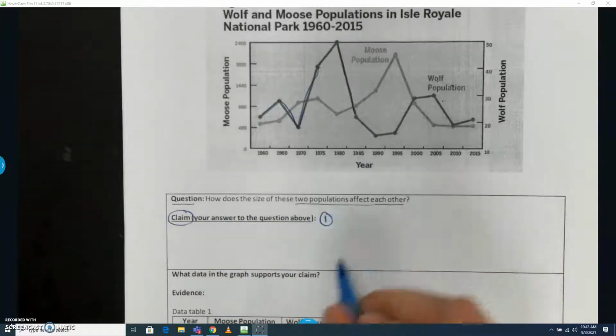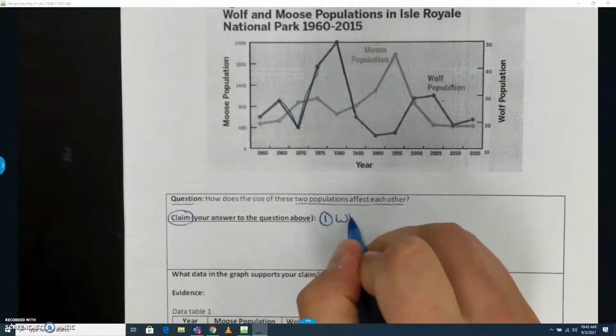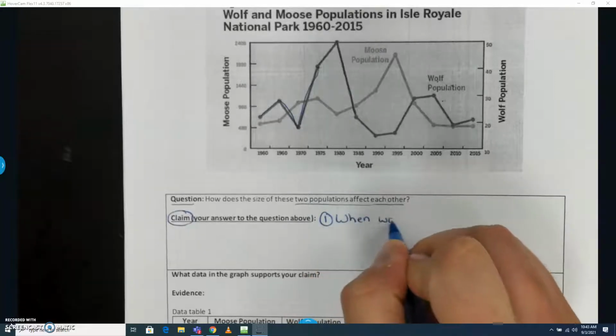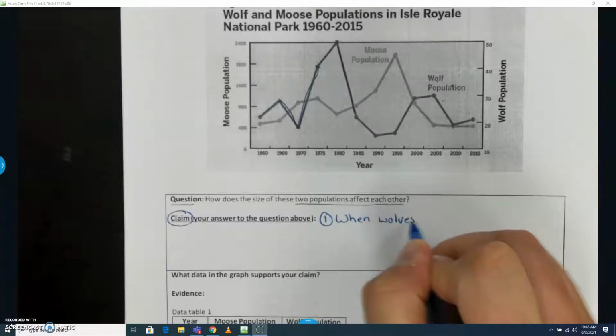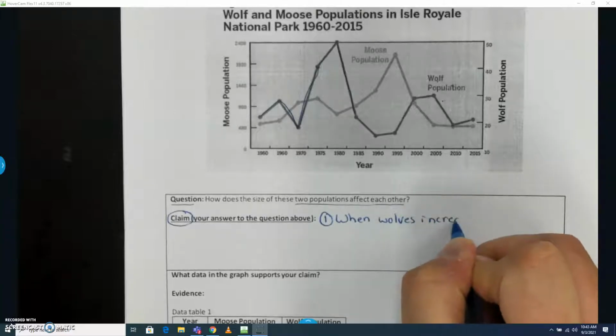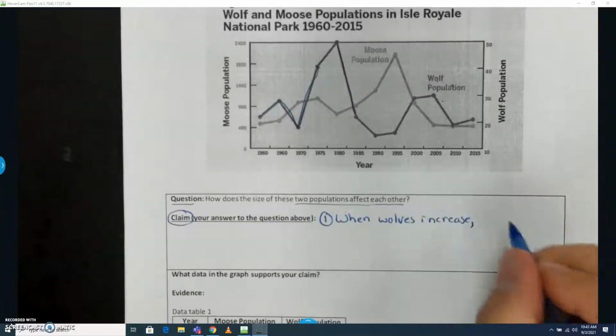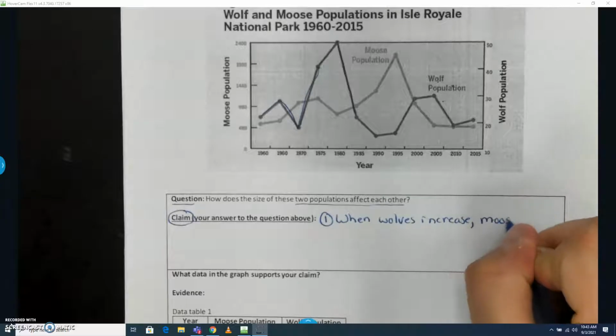First thing I see is that when the wolves increase, then I see the moose decrease.